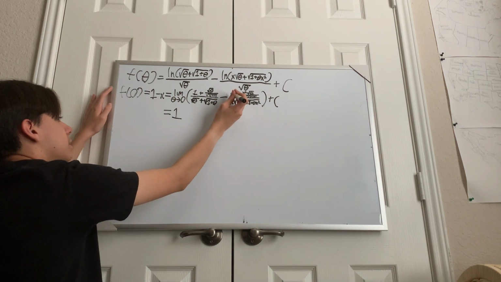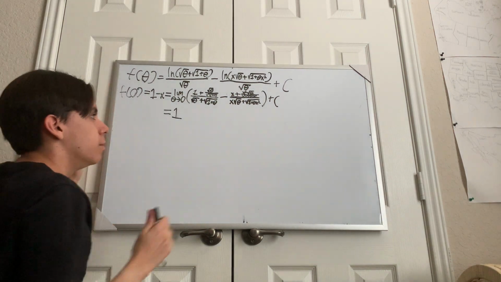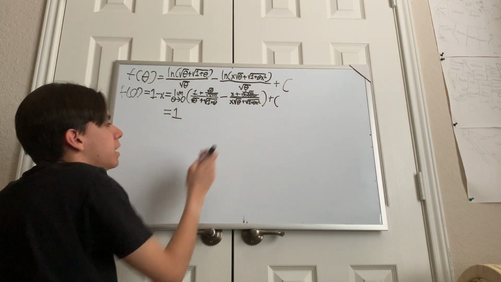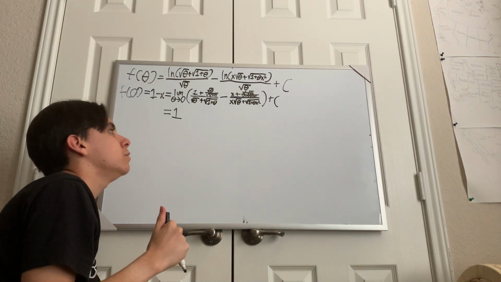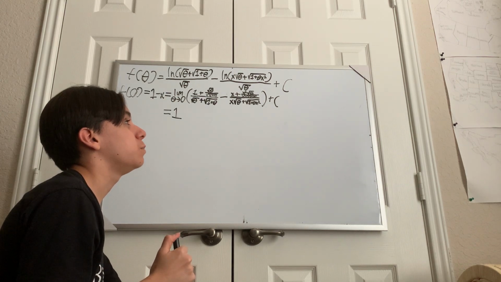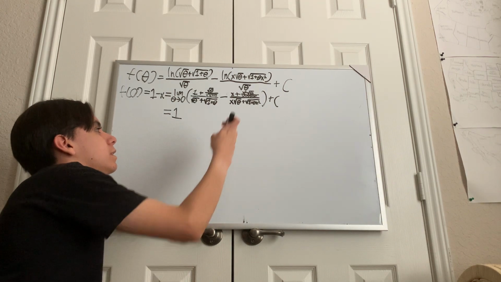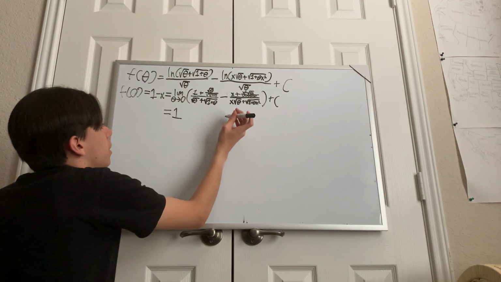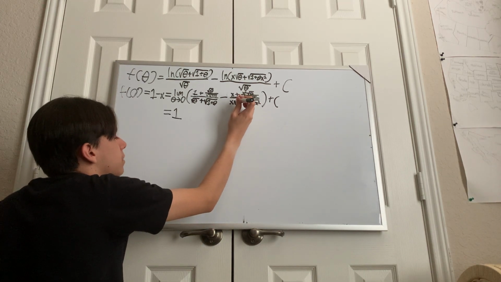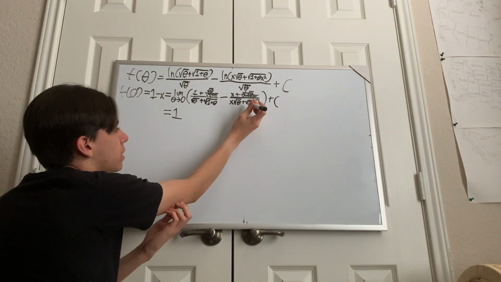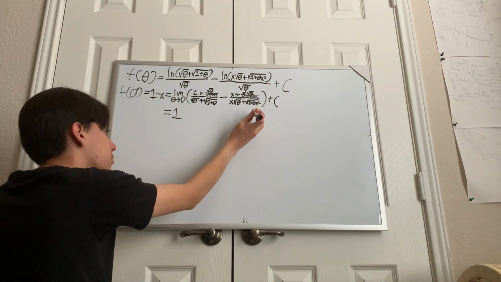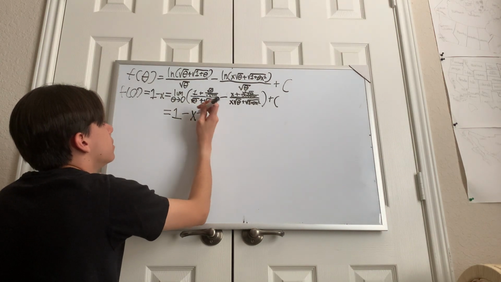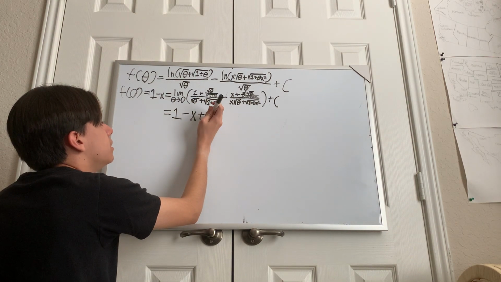And then this next term becomes x plus x squared square root 0 divided by square root 1 plus 0. So all of that just becomes 0. And then the numerator, like before, just becomes 1 because we have 0 times x plus square root 1 plus 0, which is all just 1. So this becomes minus x. And then plus c.